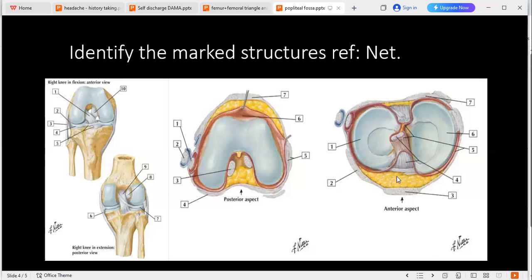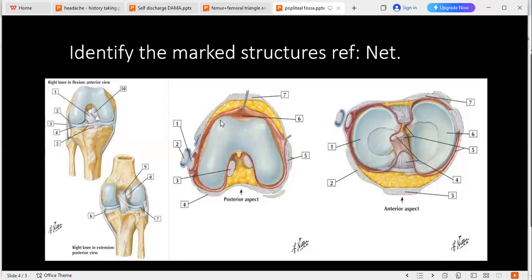No, this is something else. We're discussing knee joint right now. If you can identify all these, can you? Okay, moving here. Can you identify all these? No? Okay, right. Then what can I ask you more.